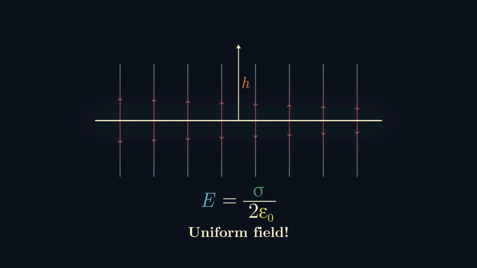Of course, in practice we can't have an infinitely large metal plate, but as long as the length of the metal plate is much larger than the distance h from the plate, this result will hold. And furthermore, we can do some fun things with this.